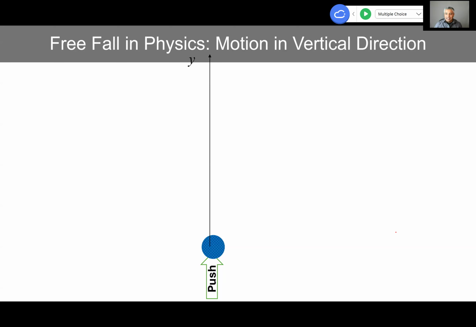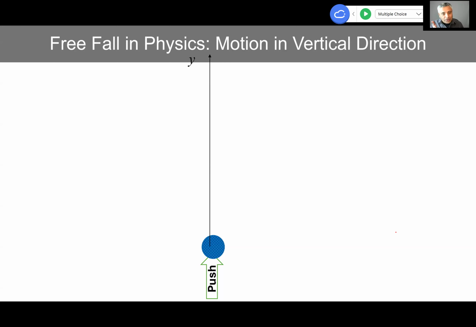Just like that block came back, this is coming down too. So when it's going up, what happens? It's slowing down. At a certain point, it stops, and then it starts coming down with increasing speed. When something is moving under only gravity, we call that free fall.